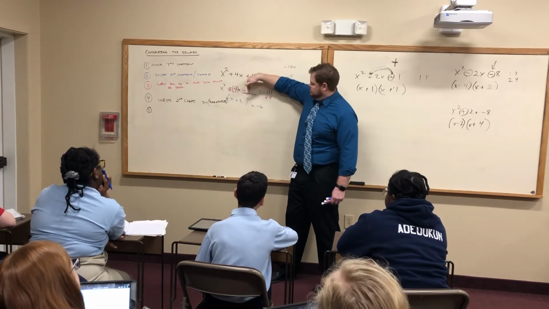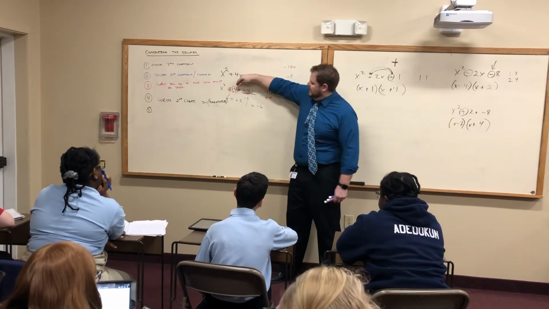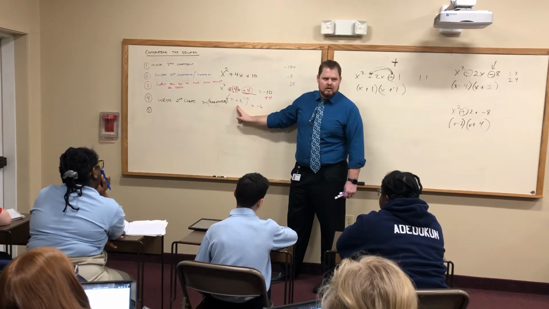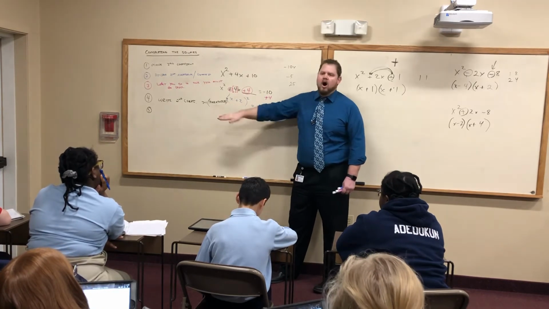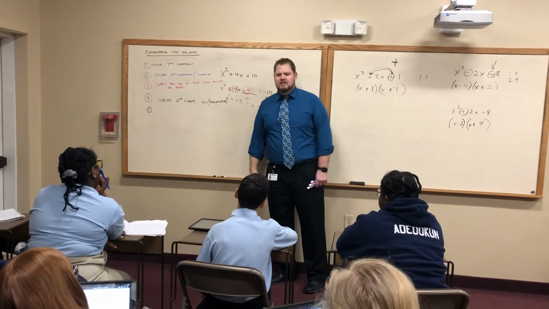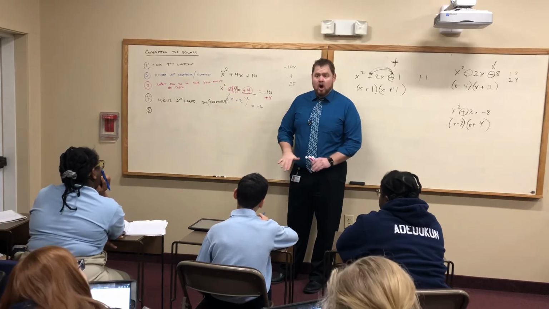Divide by 2, square it, add it to both sides. Do you agree with me? Everybody good with that? But when I divide by 2, I can actually write this answer right here, because it automatically always will be whatever that center number is divided by 2. Is everybody following me? Always.